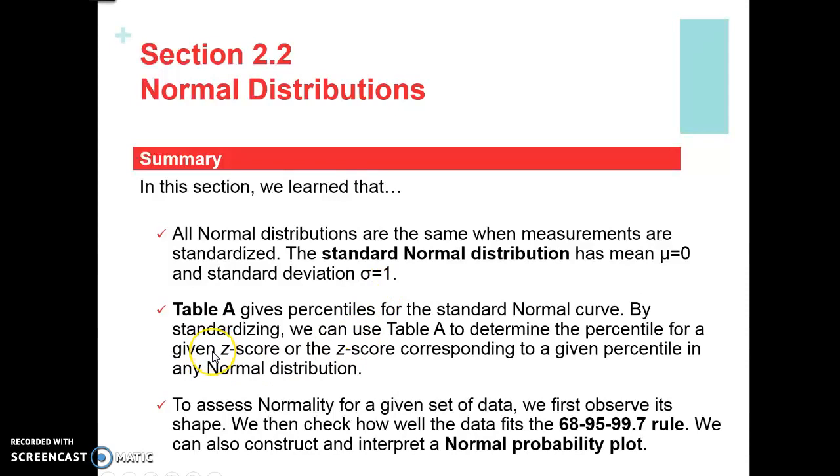Know how to use Table A and your graphing calculator to find percentile rank, the percent of the area under the curve, etc. And then in order to assess normality, you want to choose at least 2 of 3 methods in order to tell whether it's normal. You can use a normal probability plot from your graphing calculator, the 68, 95, 99.7 rule, or a histogram.